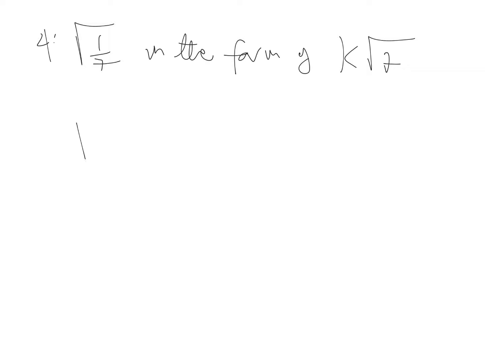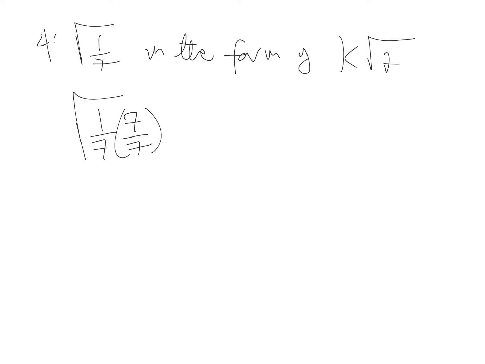So what we can do is take 1/7 and multiply it by 7/7. If I do that, then I'm simply multiplying by 1. So why did I do that?